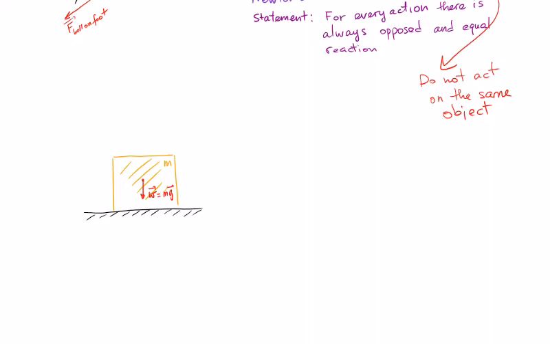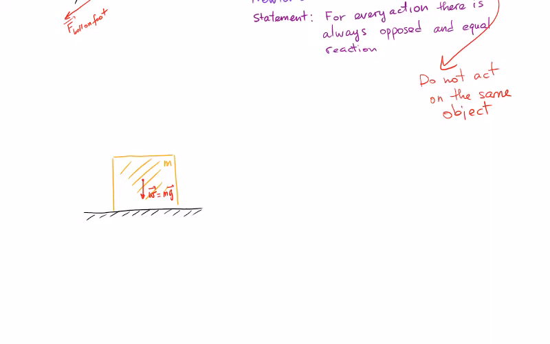But there has to be another force acting on the block for the block not to accelerate. The table must exert an upward force of which the magnitude is equal to the block's weight.